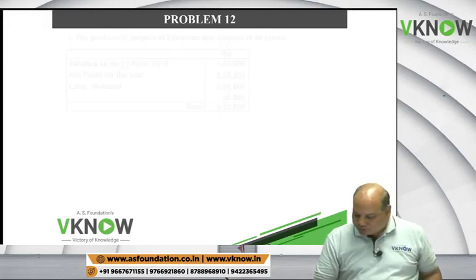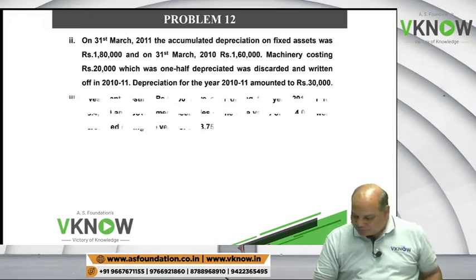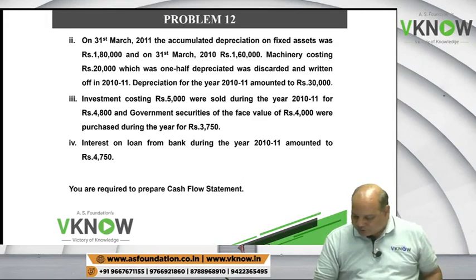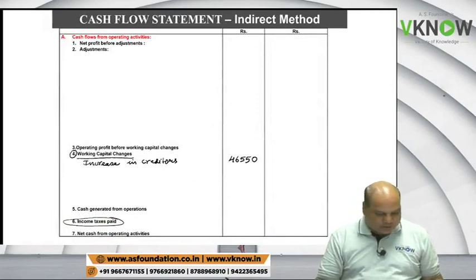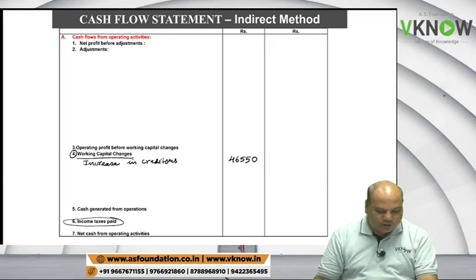So please come to the tax paid format. Where is tax paid in our format? Point number 6, tax paid. You can assume otherwise also, but we will assume tax was paid.